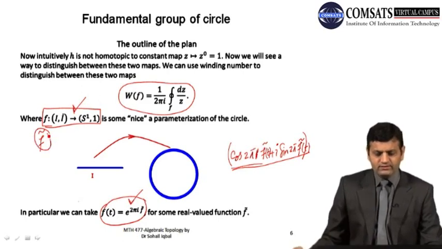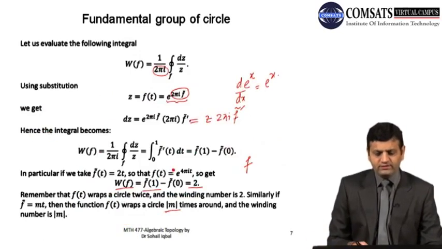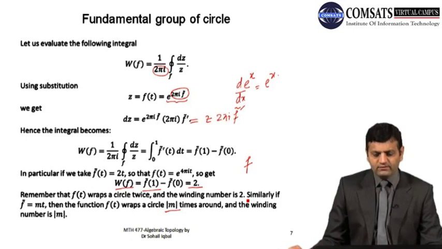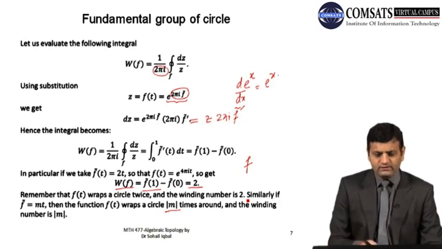Okay, so in the same way as we have calculated, the winding number of f is equal to f tilde 1 minus f tilde 0, which is equal to 2. Why is f tilde 1 minus f tilde 0 equal to 2? I'm sure you can easily see it, because f tilde of 0 is 0 and f tilde of 1 is 2.